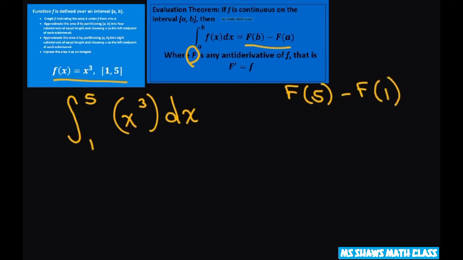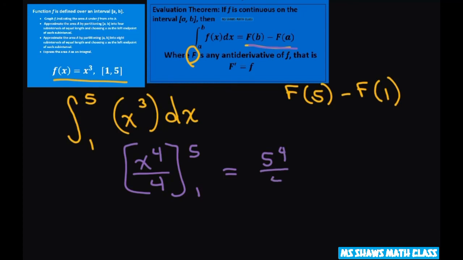When you take the antiderivative, you're going to get x to the 4th divided by 4. We're going to evaluate this from 1 to 5. So that's 5 to the 4th divided by 4 minus 1 to the 4th divided by 4.